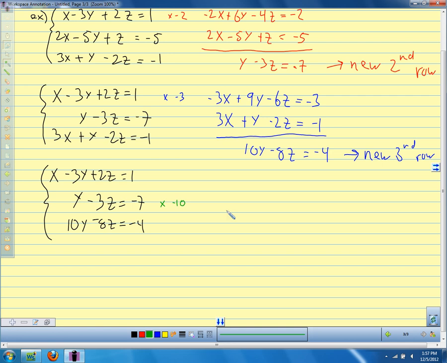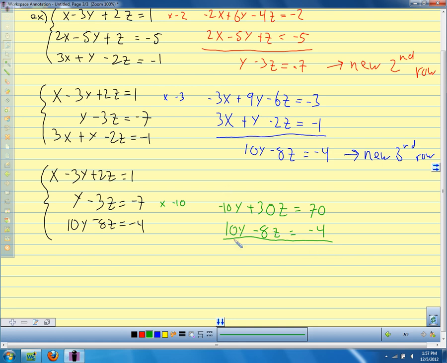So when I multiply the second row by negative 10, I get negative 10y plus 30z equals 70. And I'm going to add that to the third row: 10y minus 8z equals negative 4. Add those together.